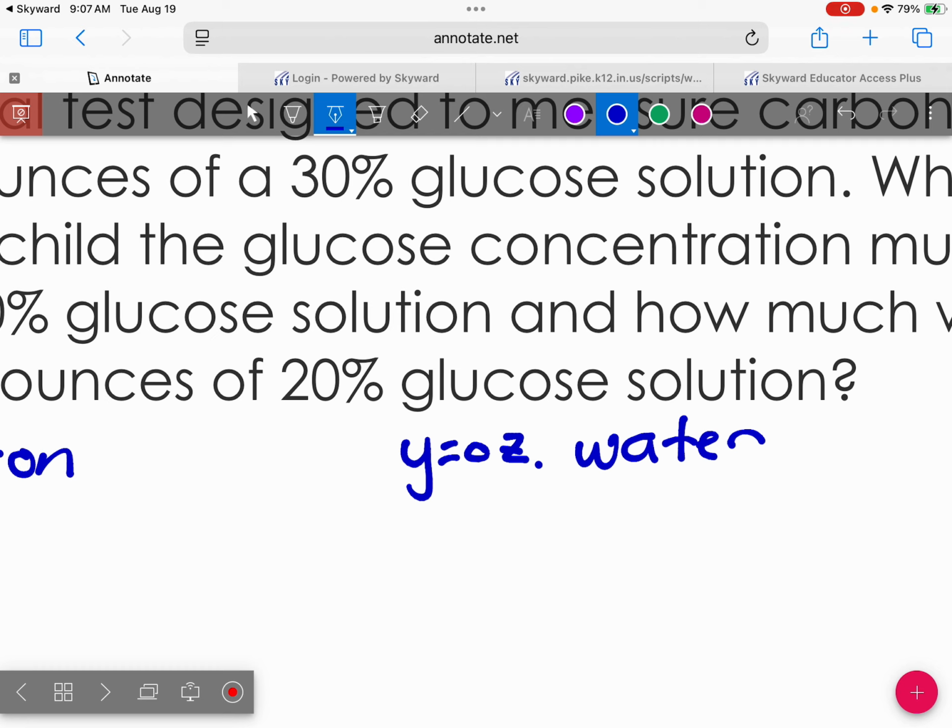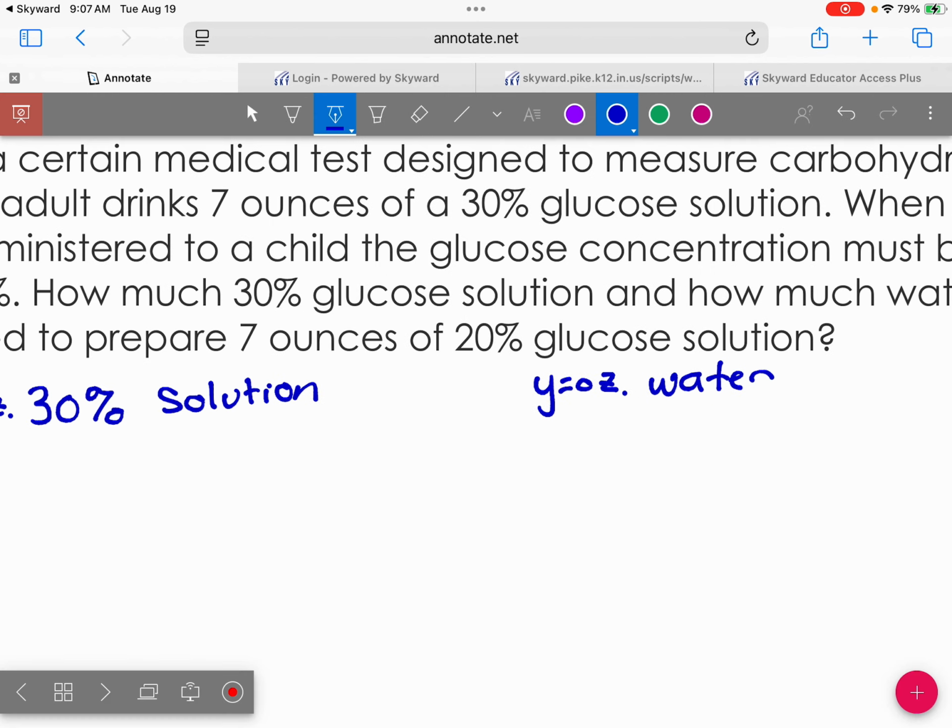So I have 2 different solutions. Sometimes we'll have a 30% solution and a 1% solution. Sometimes it'll be a 40% in water. It could be a 20%, a 5%. We can use whatever amounts we have here. If I know we for sure need to wind up with 7 total ounces, I need some of my 30% solution, I need some of my water, but grand total, I need 7 ounces.